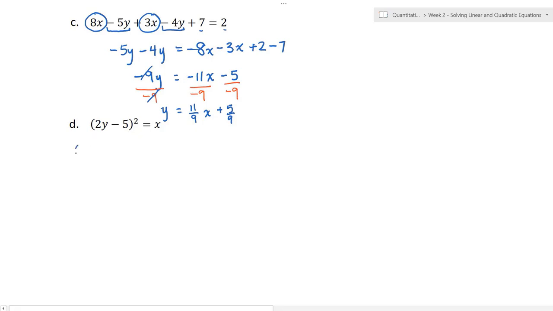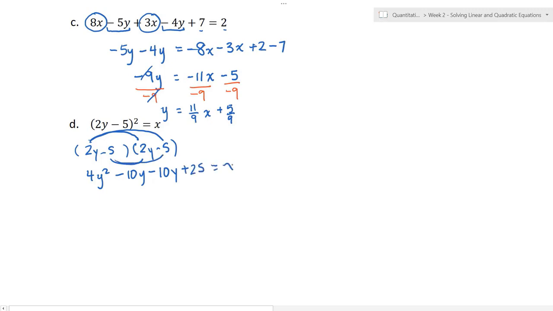Expanding it out means writing it out twice, 2y minus 5, 2y minus 5, and then foiling it. So 2y times 2y, 4y squared, 2y times -5, -10y, -5 times 2y, minus 10y, and then -5 times -5, which is plus 25, equals x.